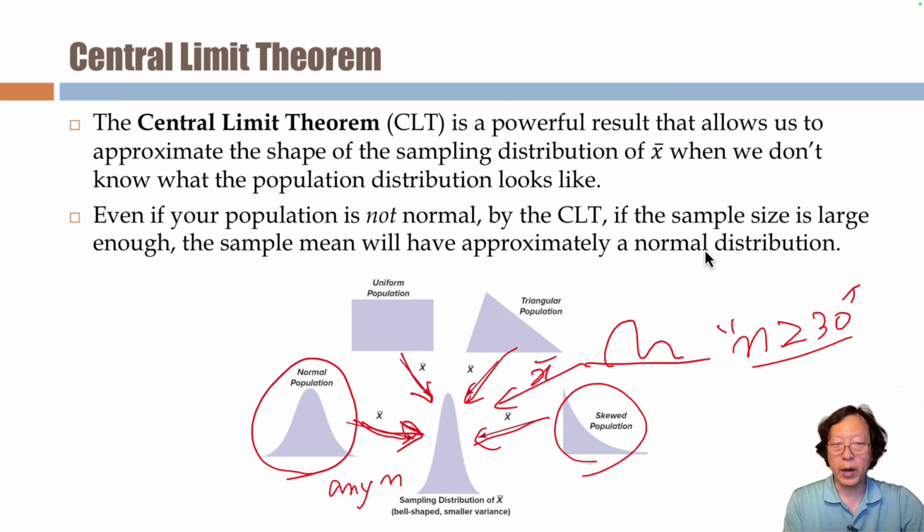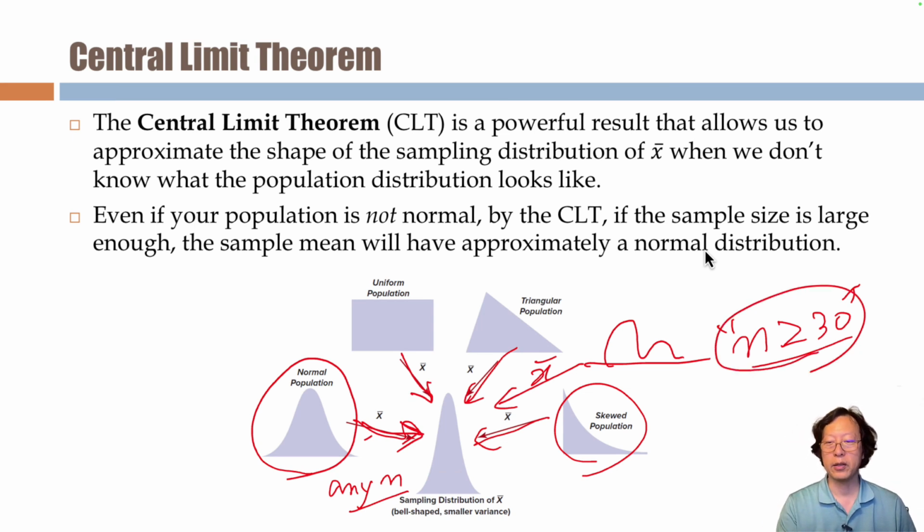If your population is normal, any n will be fine, but if it's not, you need more n. The rule of thumb is that if the sample size is greater than 30, then whatever the original population was, your x bar will be a normal distribution.